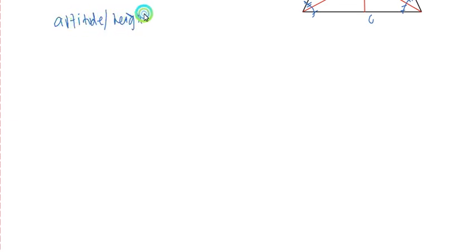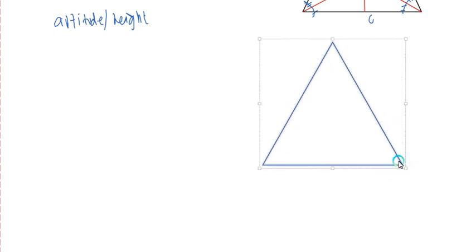So for example, we have a triangle. So that means ang aton nga altitude or height is a line segment halin sa aton nga vertex and then perpendicular siya dapat sa aton nga opposite side.